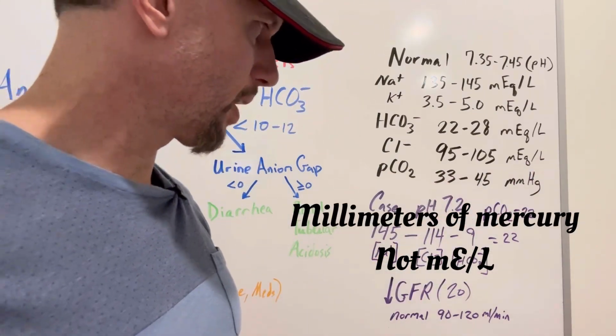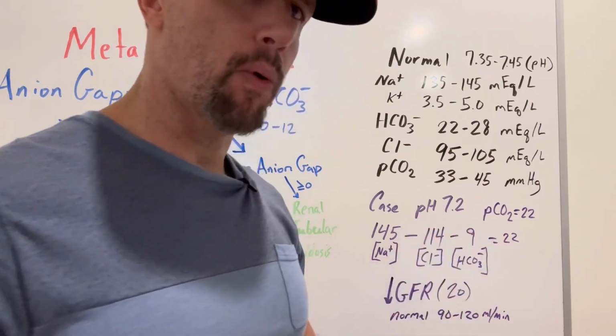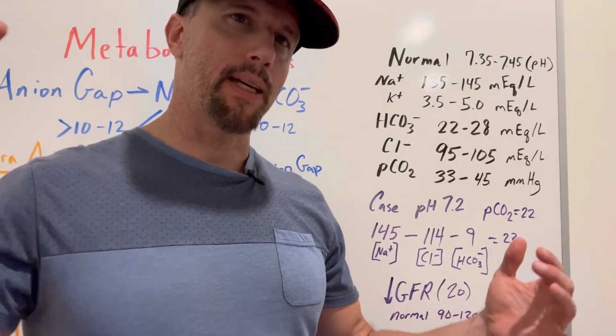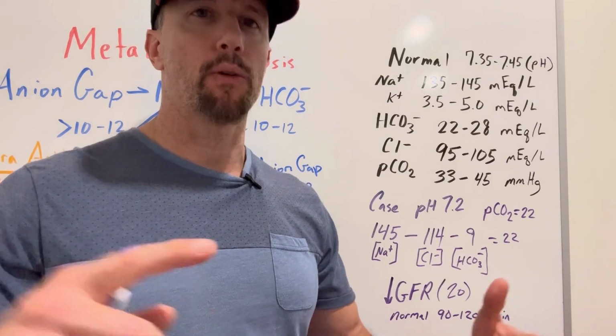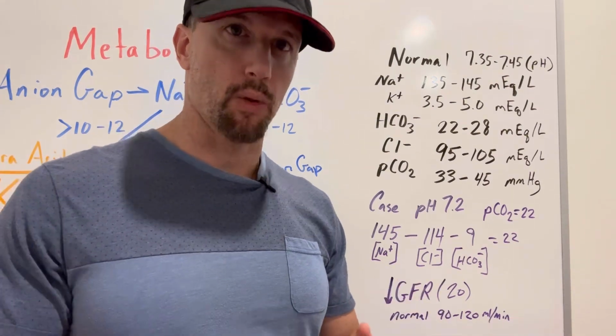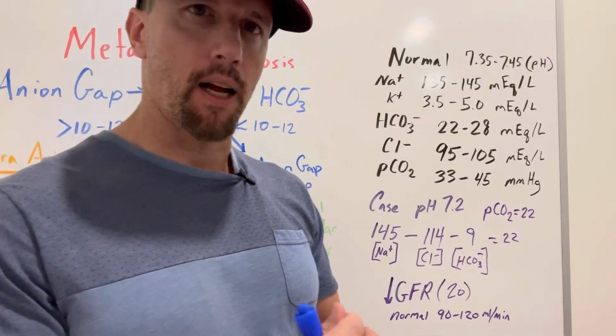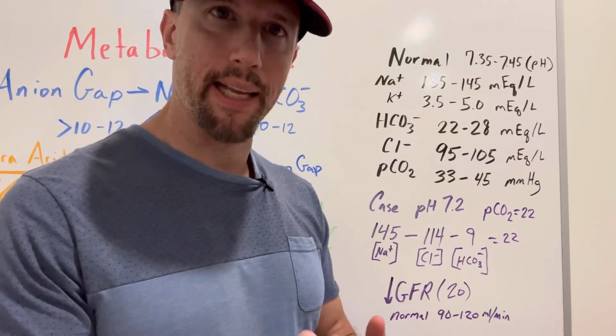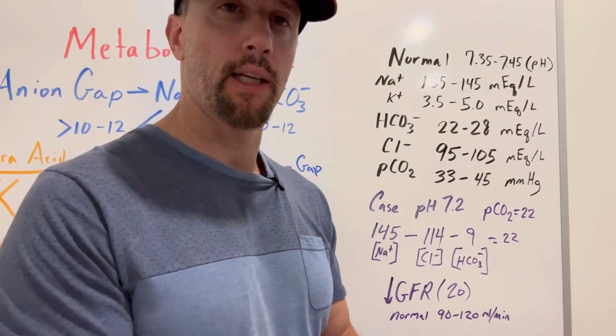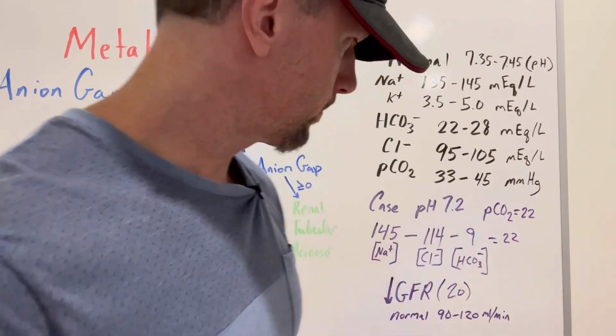So here's the case study. We have a patient whose pH is 7.2. So we know it's either got to be metabolic acidosis or respiratory acidosis. The numbers will tell us. A lot of times they'll do an arterial blood gas, maybe take it from the radial artery, and they get these values.